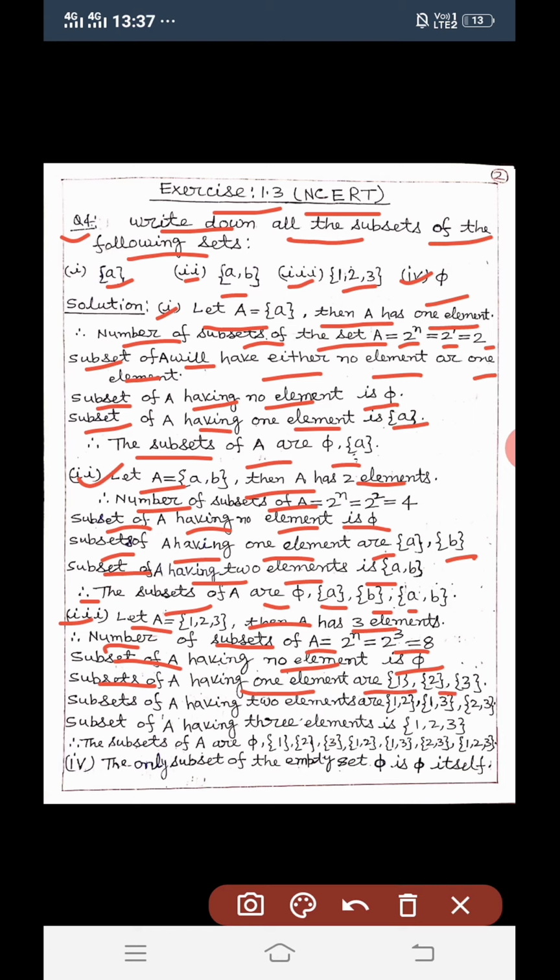Subsets of A having two elements are {1, 2}, {1, 3}, {2, 3}. Subset of A having three elements is {1, 2, 3}. So the subsets of A are phi, {1}, {2}, {3}, {1, 2}, {1, 3}, {2, 3}, {1, 2, 3}. Fourth, the only subset of the empty set phi is phi itself.